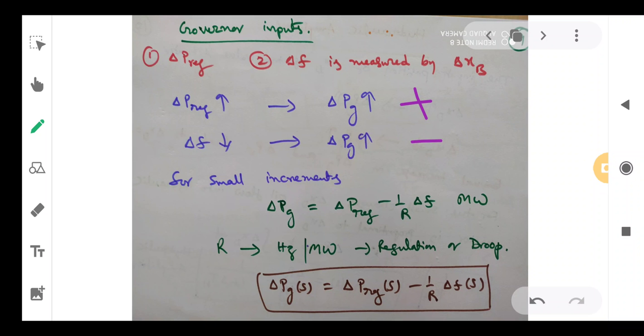Delta Pg is proportional to delta P reference and inversely proportional to delta F. Inversely proportional can be taken as a negative sign. So, delta Pg equals delta P reference minus 1 by R into delta F. These are the governor inputs.